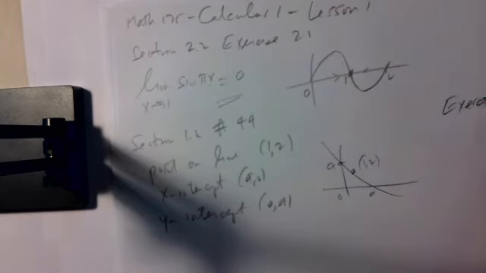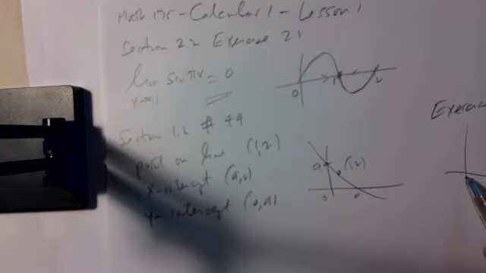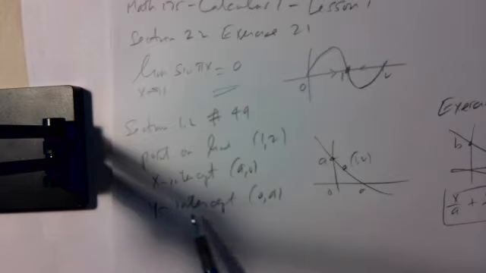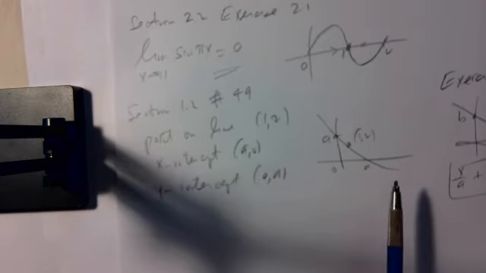Exercise 46 says that if you have a line where the x-intercept is a and the y-intercept is b, the equation is x over a plus y over b equals 1. So in this problem, the x and y intercepts are the same.